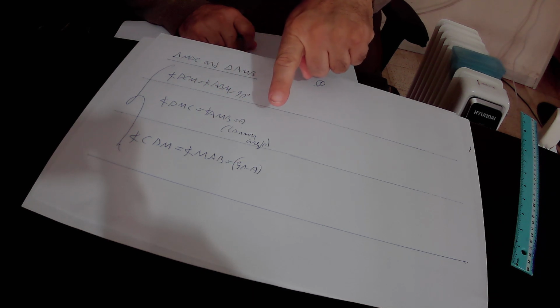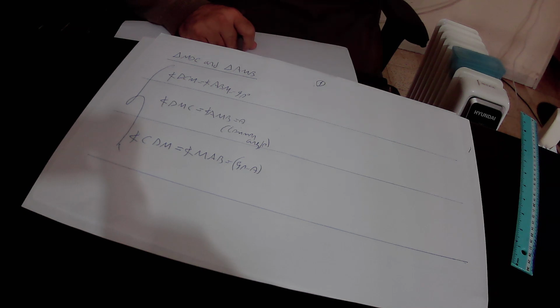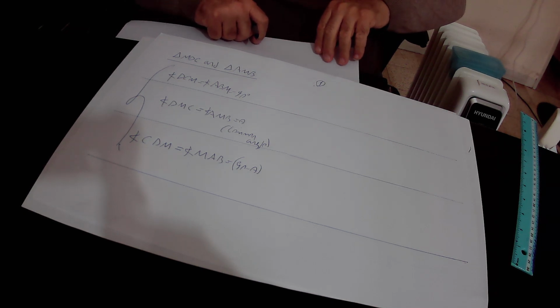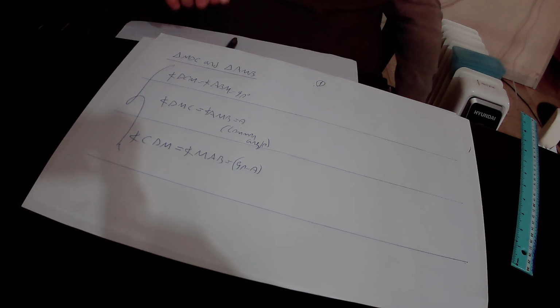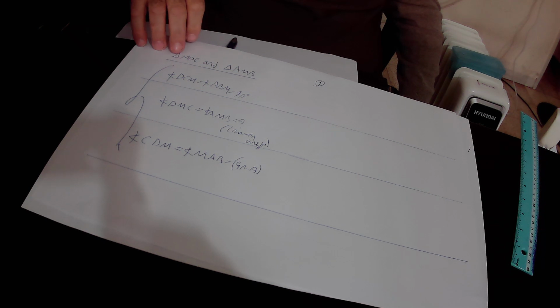They are both equal to 90 degrees minus theta. So we proved that all the three angles in the big triangle MDC are correspondingly equal to all the three angles in the small triangle AMB. Therefore the two right triangles are similar to each other according to the angle similarity rule.